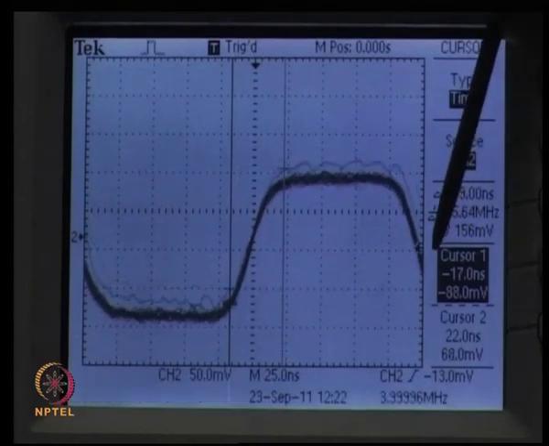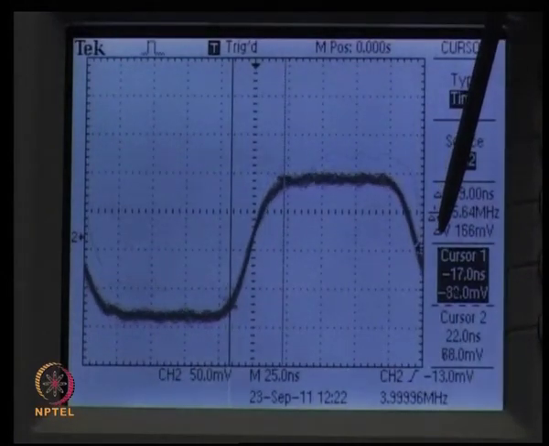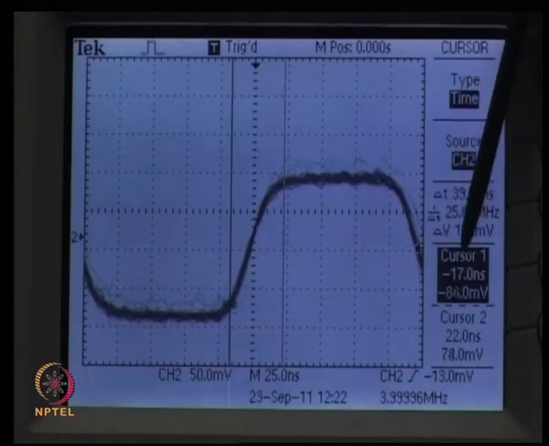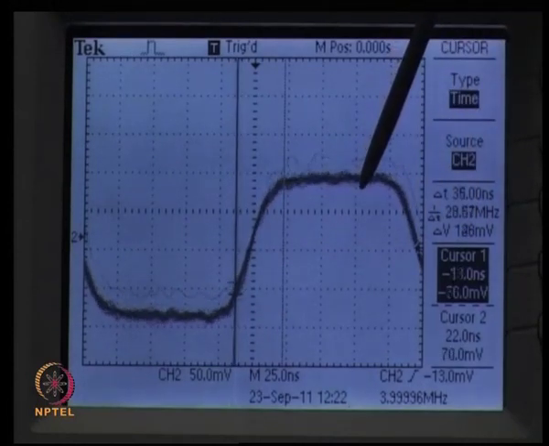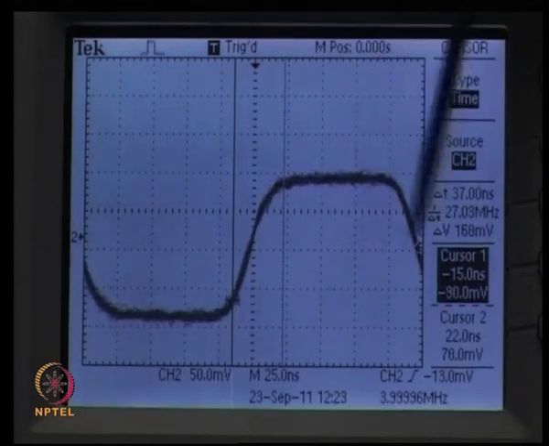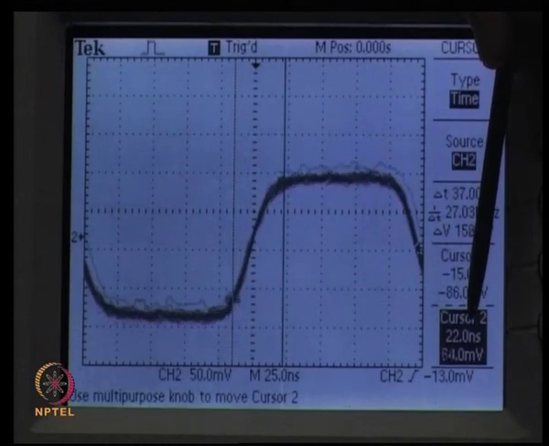We will now measure the rise time of LED transmitter. Again we adjust the cursor 1 to 10% of the maximum, which is minus 15 nanoseconds.